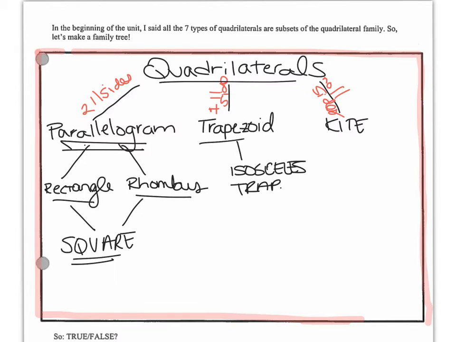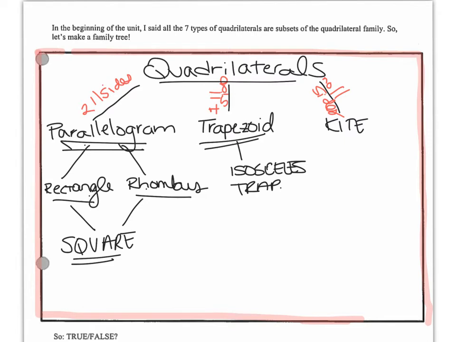A parallelogram cannot be classified as a trapezoid because their arrows in their family tree do not connect. A rectangle cannot be considered a rhombus because a rectangle and a rhombus don't connect. A rectangle can be considered a parallelogram and a rhombus can be considered a parallelogram. However, they don't have the same properties.